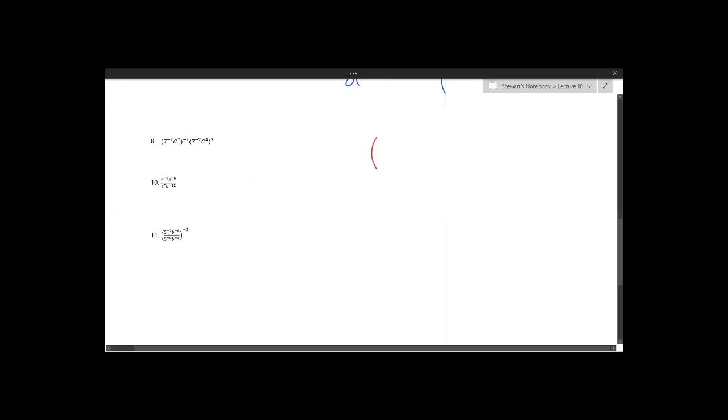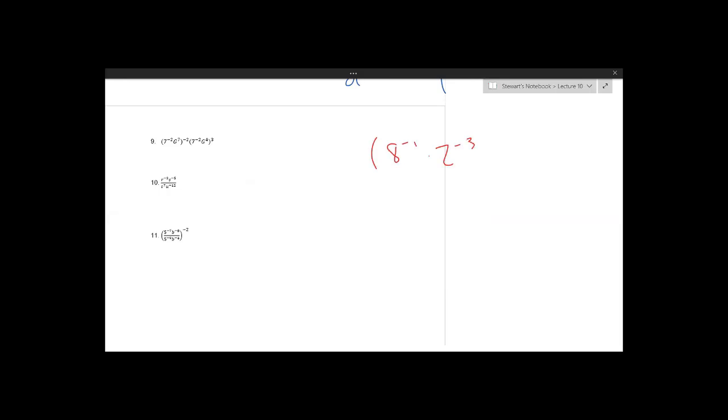So if we had that 8 to the -1st times 2 to the -3rd raised to the -2nd power, what we could do instead, if you wanted to consider these different bases and not modify the 8 to match the 2, or if you didn't realize that, or if you chose not to, you could distribute and multiply this -2 exponent to both of these separately, and then multiply last.